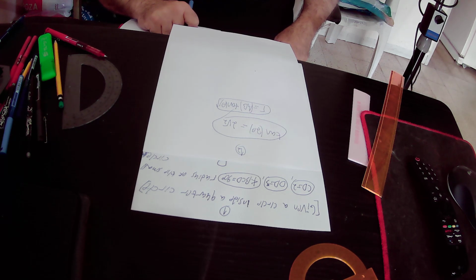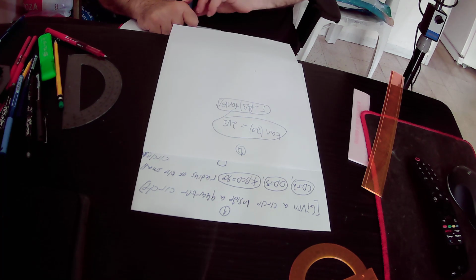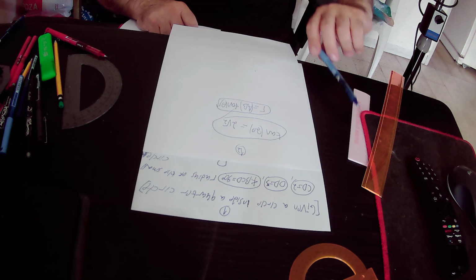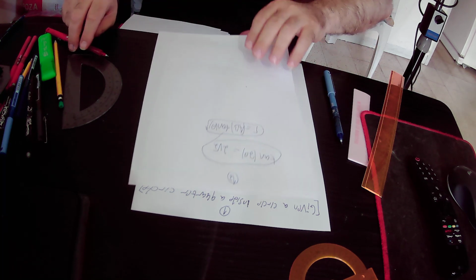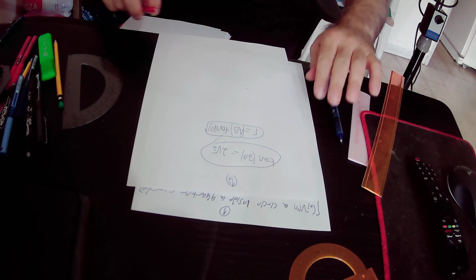In order to find the value of tangent theta from the value of tangent 2 theta, I will present to you a new trigonometric identity, and from that identity we will find the value of tangent theta.